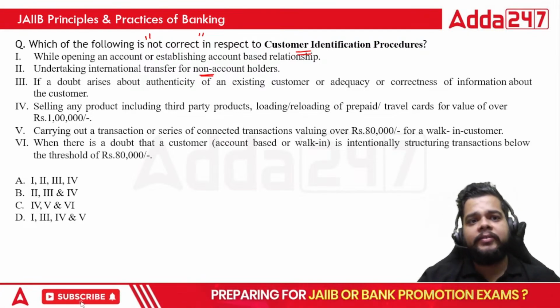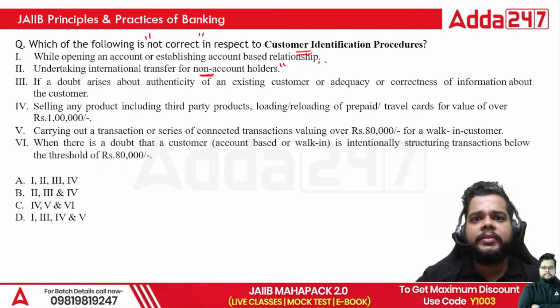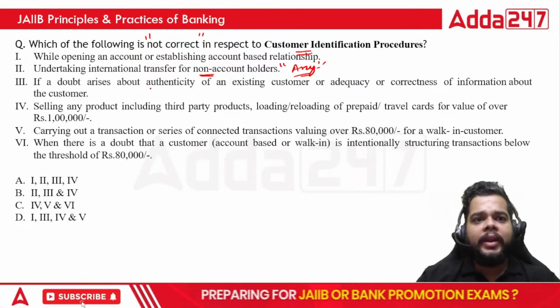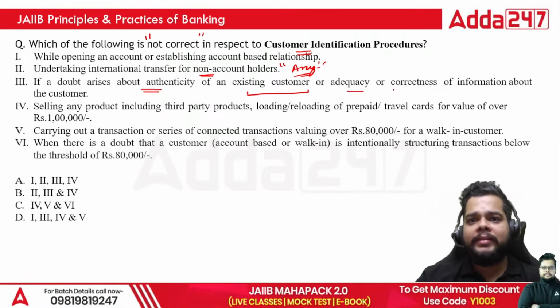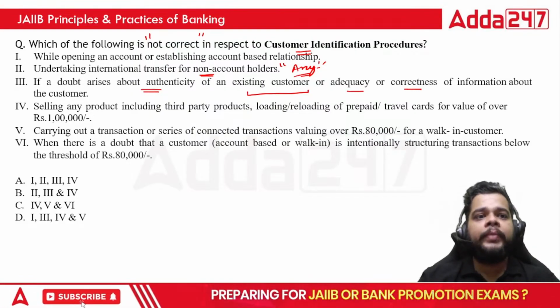So international transfer of any amount, because there is no amount mentioned in this statement, so we will assume any amount. If a doubt arises about the authenticity of an existing customer or adequacy or correctness of information about the customer, then whether you have to go for the CIP or not.